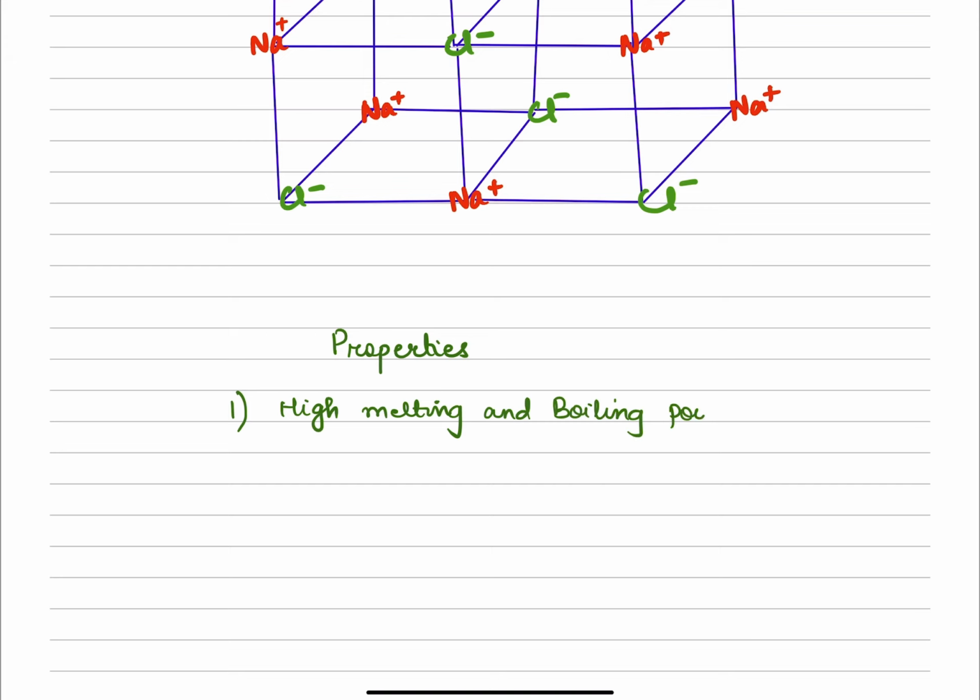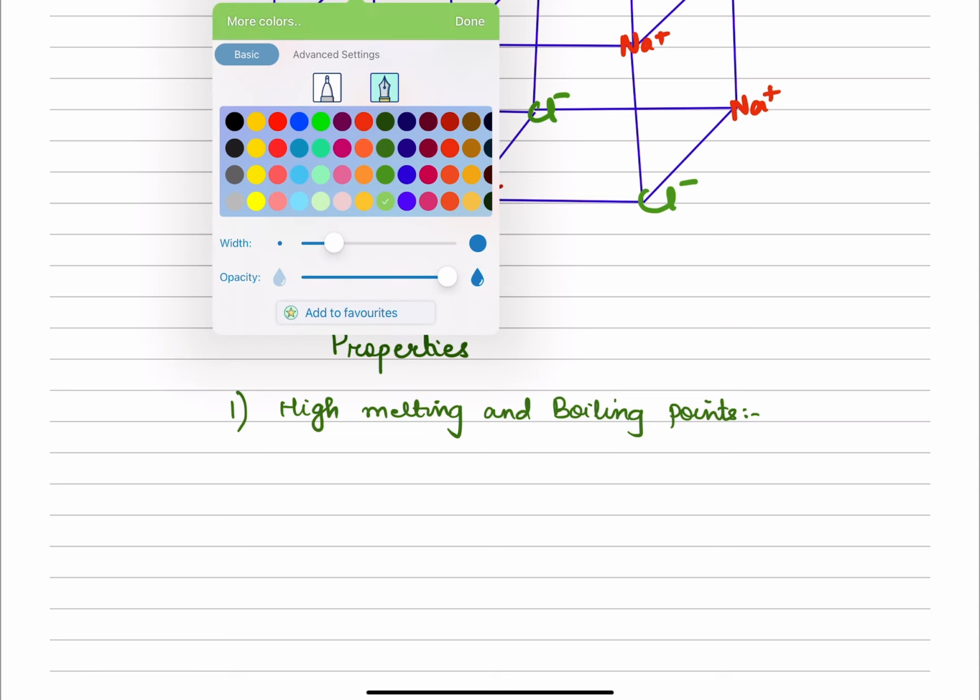They can ask you the justification behind why ionic compounds have high melting and boiling points.